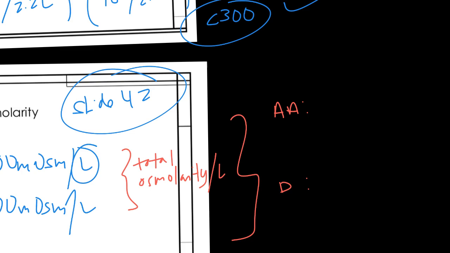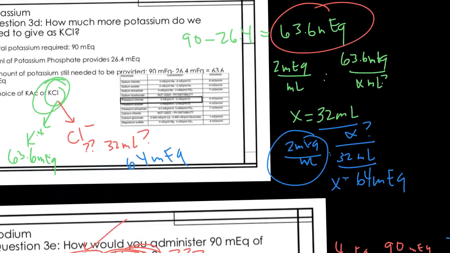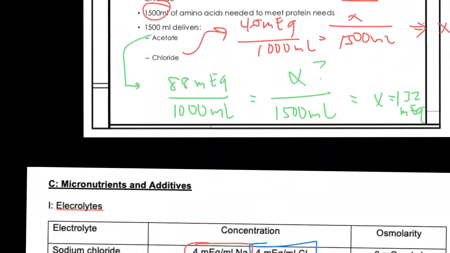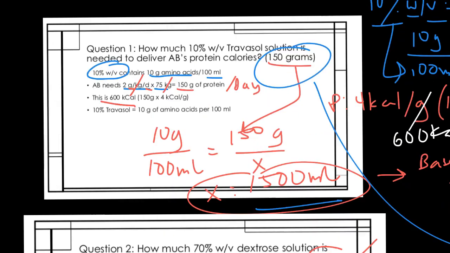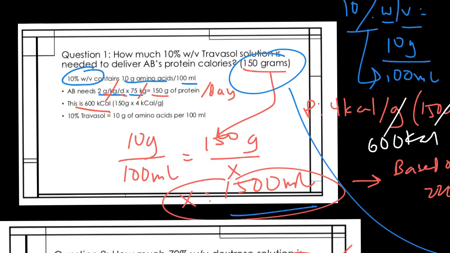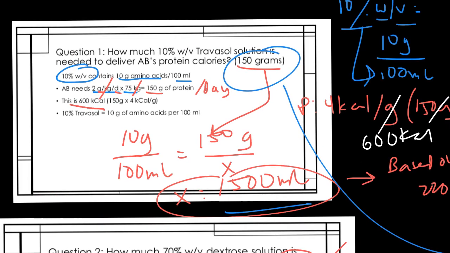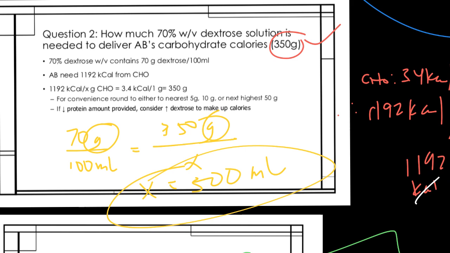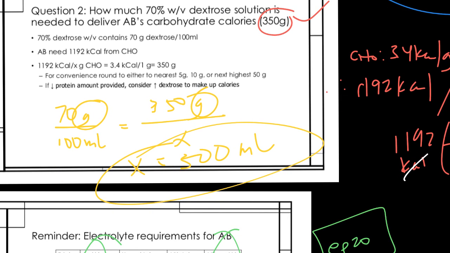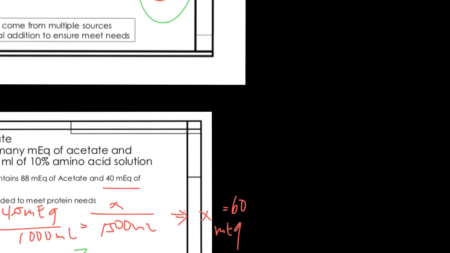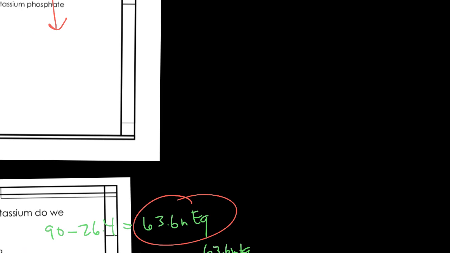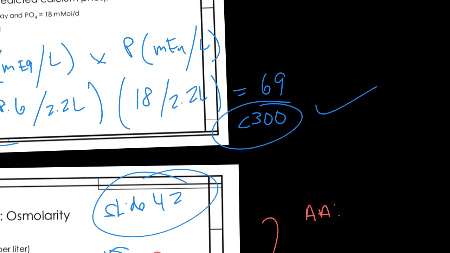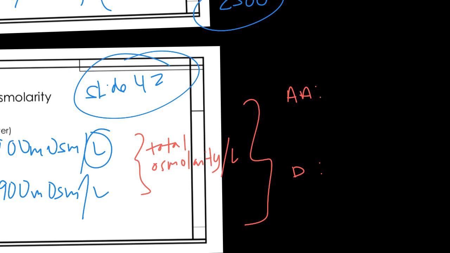So we need 150 grams of your Trophamine, which is your amino acid, and 350 grams of your dextrose. Okay, so I need 150 grams of amino acid and 350 grams of my dextrose.